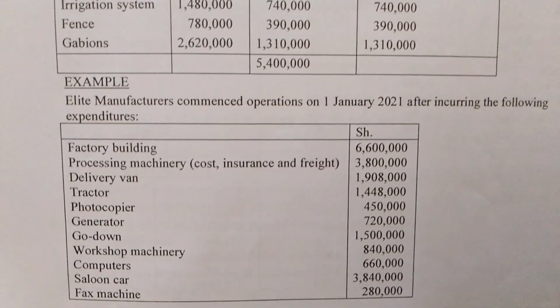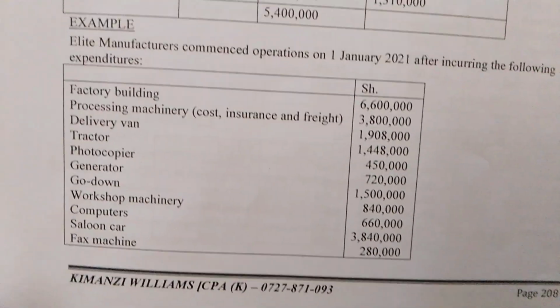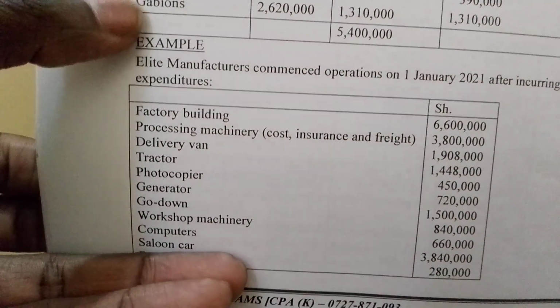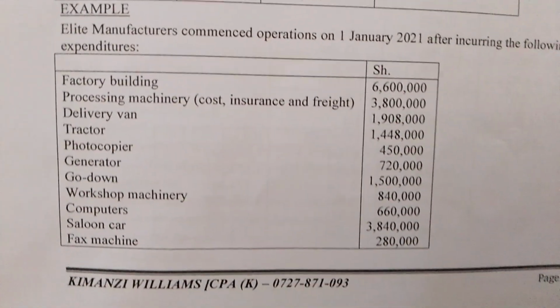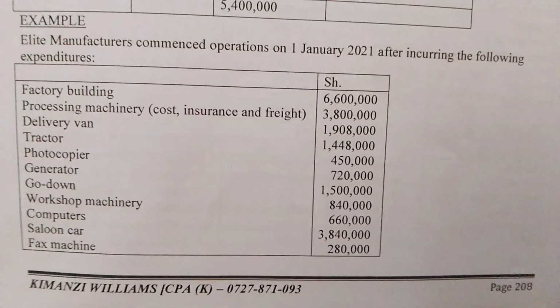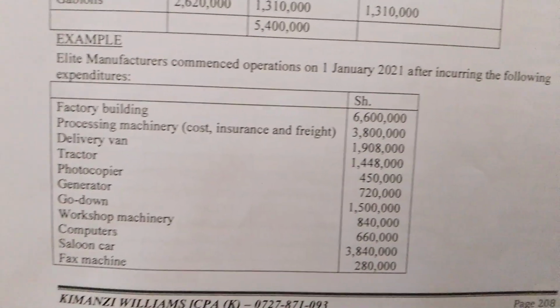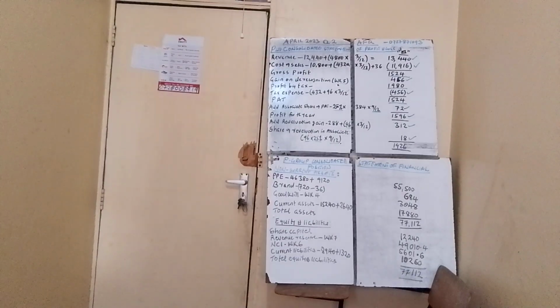The costs have been given. I'm giving you this example, Elite Manufacturers, as your assignment. Continue on page 209, but if you have our book, you have the solution with you.